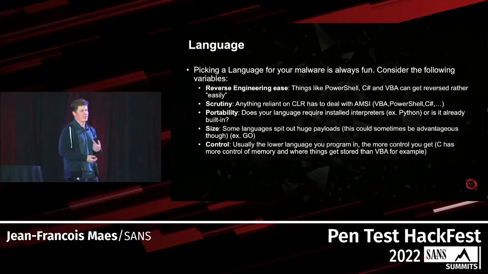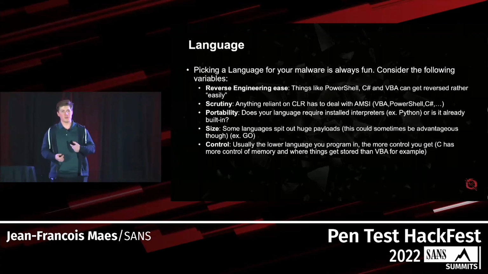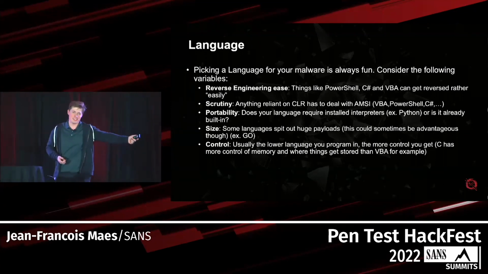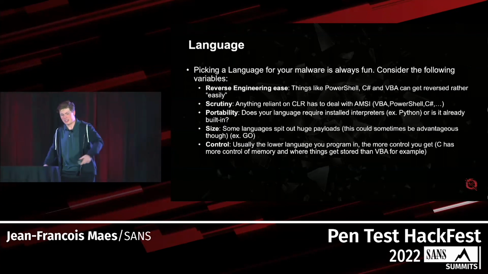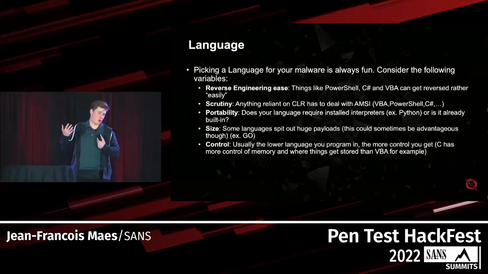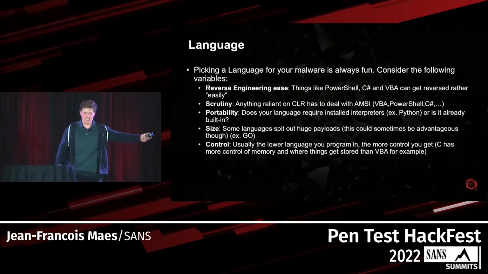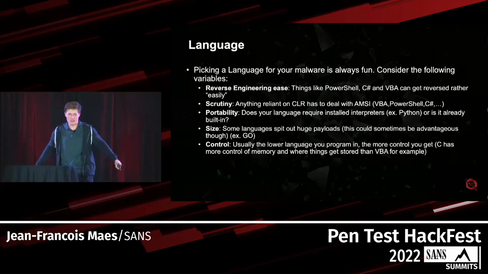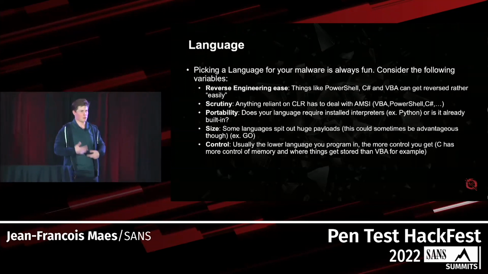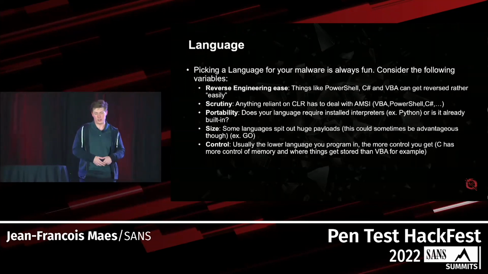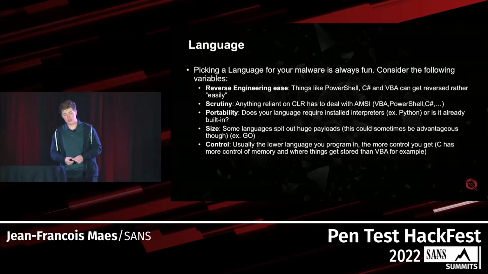If you're programming in a language that isn't able to get interpreted by the endpoints, then your payload is never going to run. For example, if you are coding in Python and the endpoint doesn't have a Python interpreter, your payload is not going to run unless you package it to an executable, but that's another story.